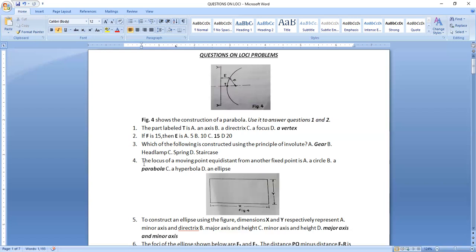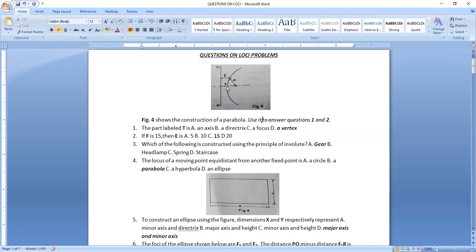Now, question 4 says that the locus of a moving point equidistant from a fixed point and a line is a parabola. So based on the explanation that I gave here, the answer is a parabola. This line is what we call a directrix.